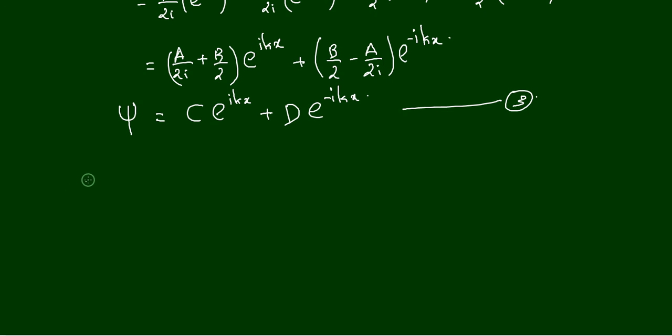So what is the linear momentum of this particle? If you want to get the linear momentum, you can construct an eigenvalue equation like p cap psi is equal to p psi, where psi is an eigenfunction of p cap.